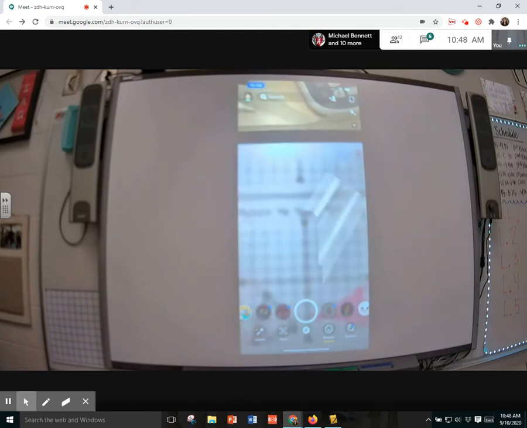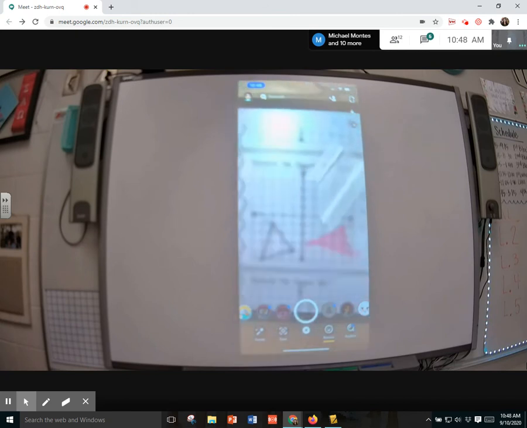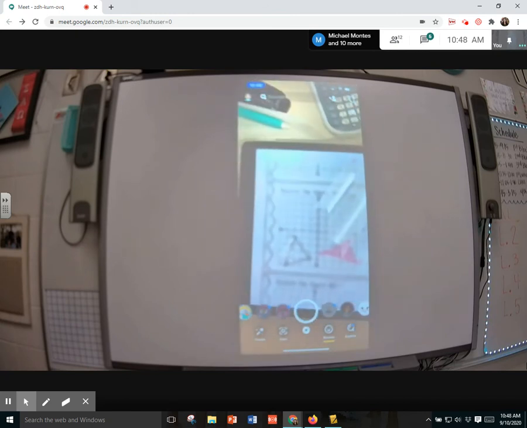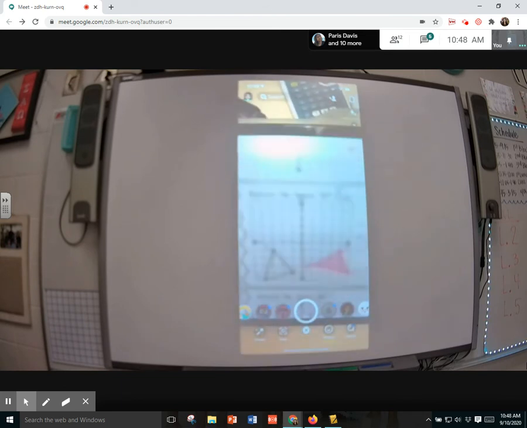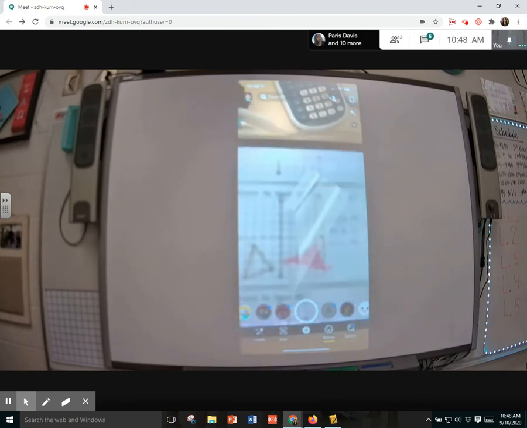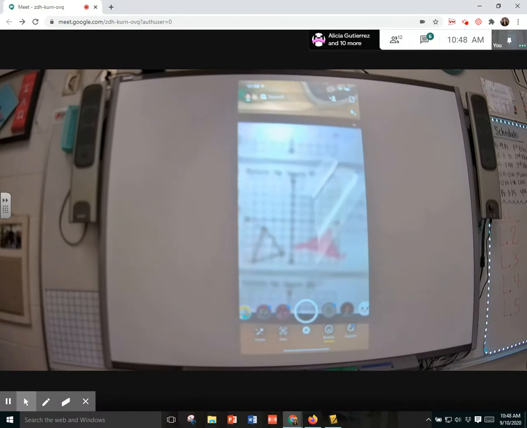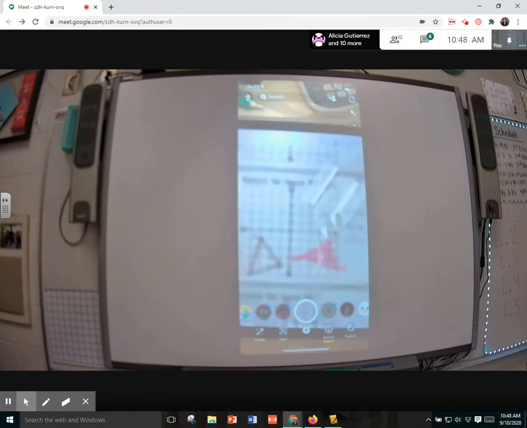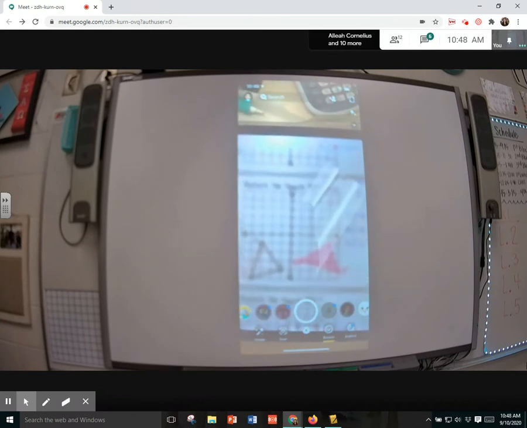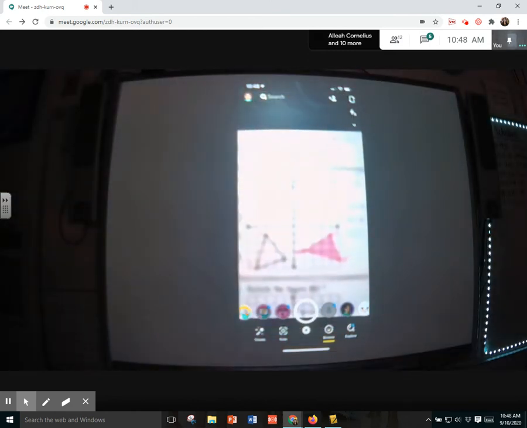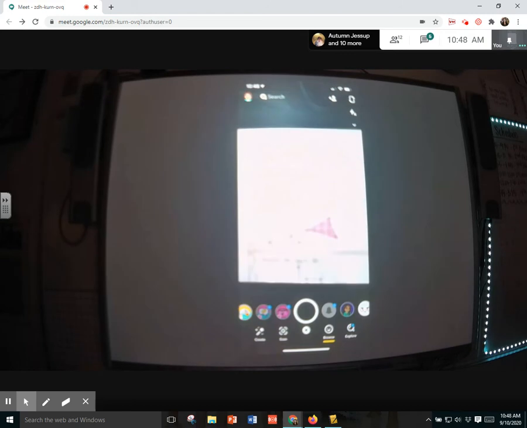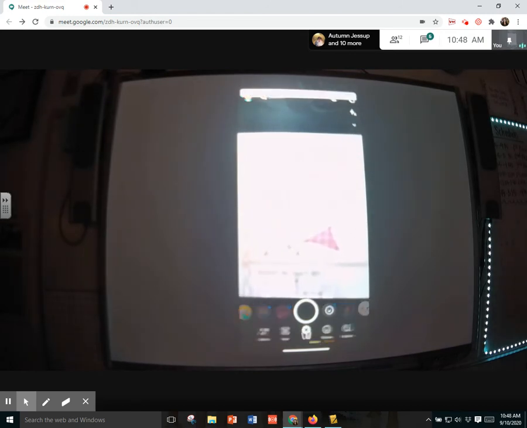Okay, Snapchat, if you could focus, that'd be great. Turn the lights off. Yeah, do that. You gotta hold it.